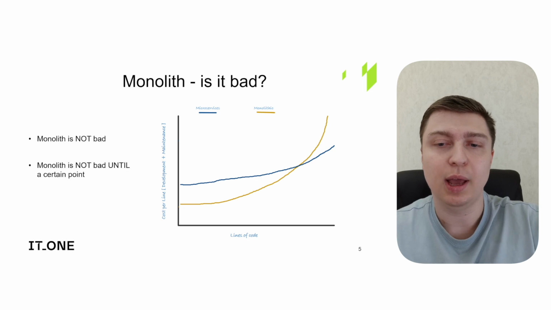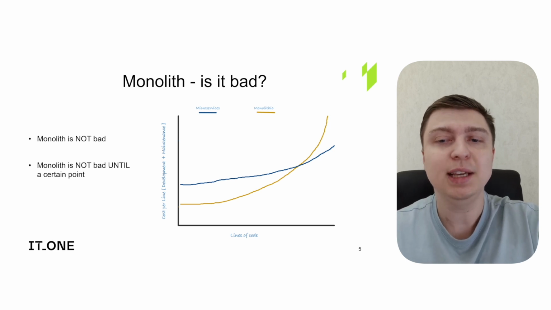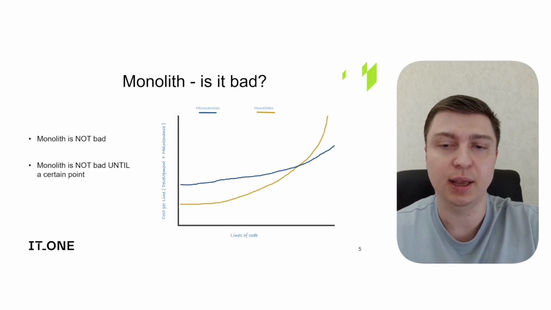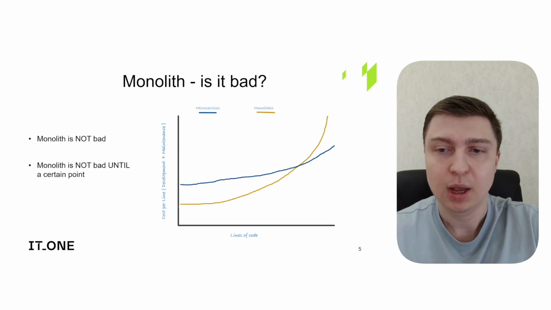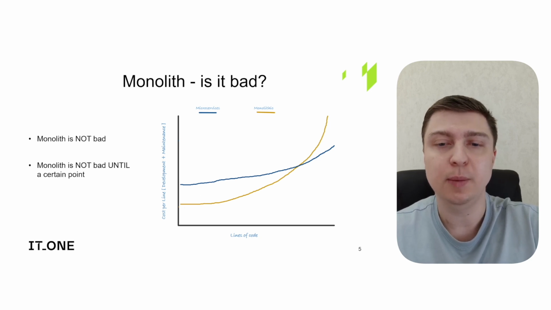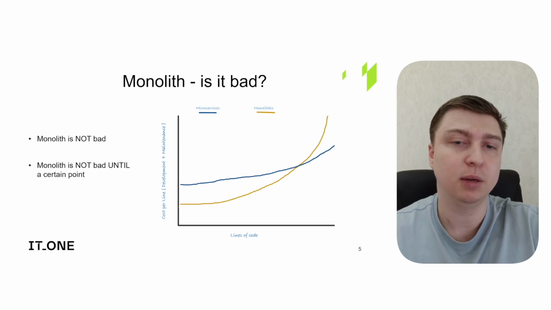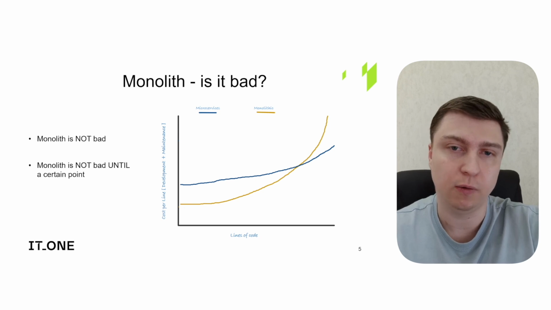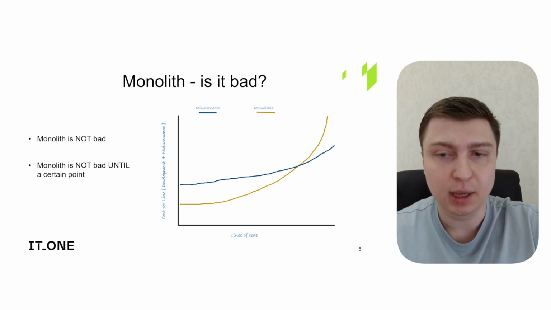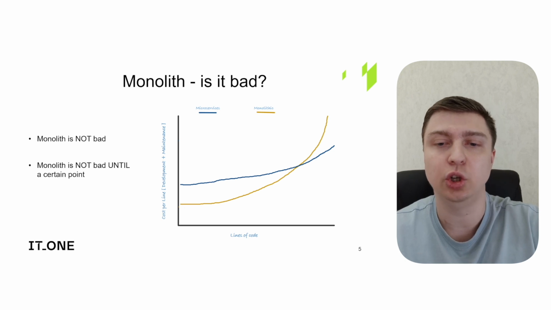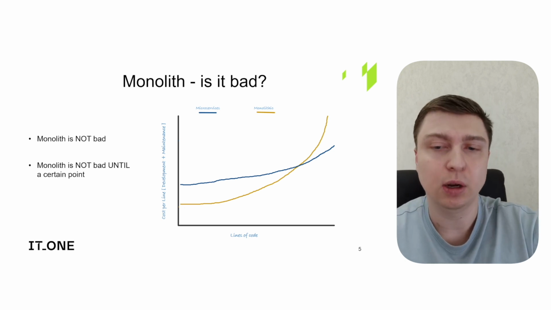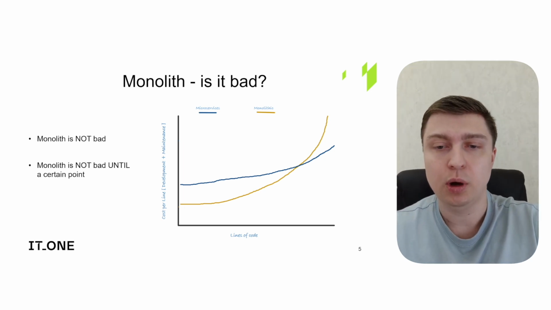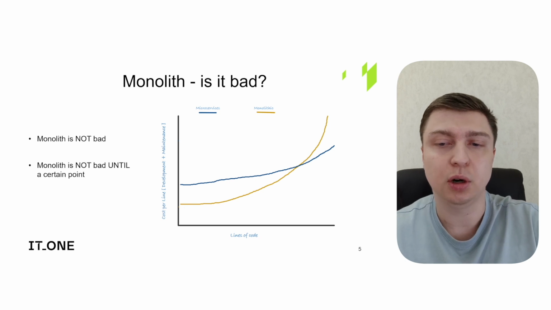Let's take a look at this chart. On the x-axis we have lines of code, which represents the size and complexity of our projects. On the y-axis we see cost per line of development and maintenance. It means not just the initial cost of writing lines of code, but also maintaining it, updating it, and ensuring it remains functional and efficient as our project evolves. Now there are 2 distinct curves here.